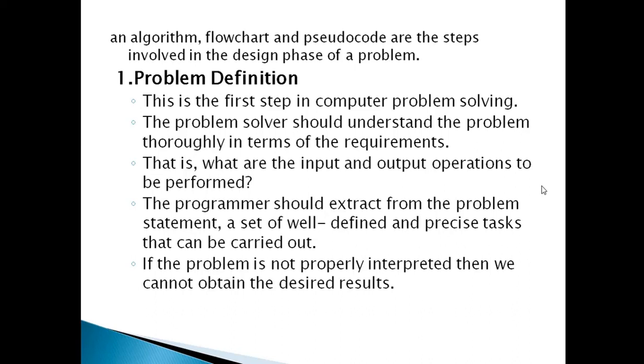And if the problem is not properly interpreted, then we cannot obtain the desired result. If that problem is not properly defined, or not properly interpreted, then we cannot obtain the desired result, or it may give error results.